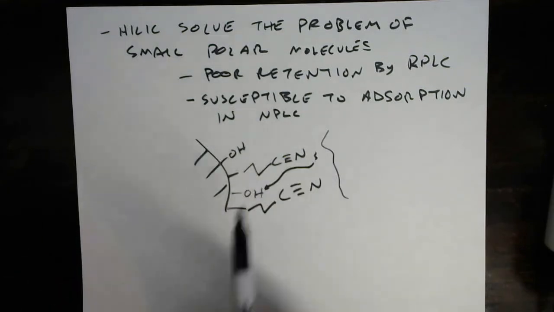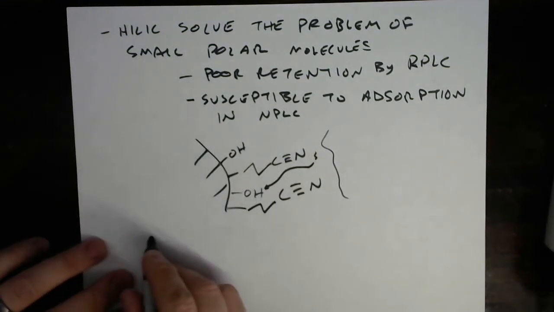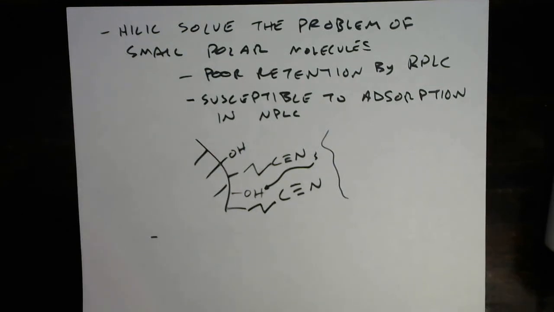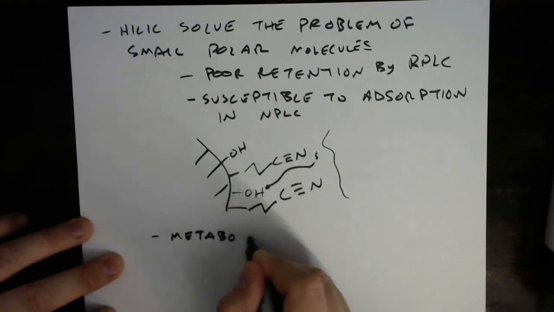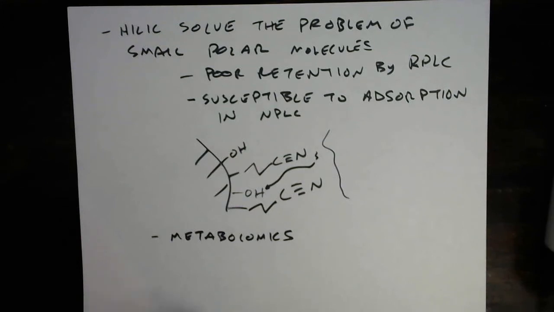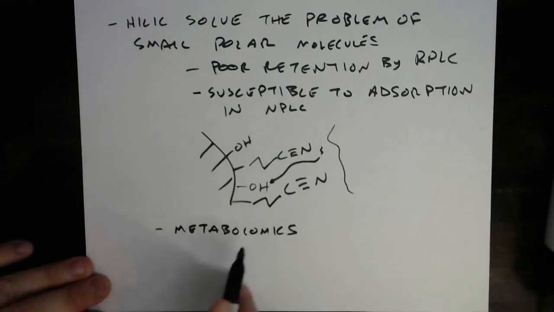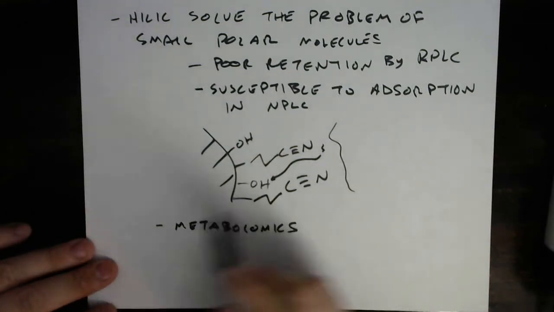So HILIC solves this problem, and the application area where this is particularly useful is in metabolomics. If you're not into your bioanalytical chemistry and you're not into all the omics, metabolomics is the study of essentially all the small molecule products of biological systems.